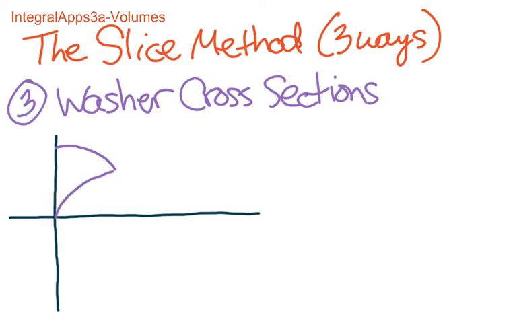And the question says something like, we have this area that's in between cosine and sine. It's bounded between those two. It doesn't say when sine and cosine meet, but we could think about it briefly and realize that it's pi over 4. And find the volume of the solid generated by revolving over the x-axis.